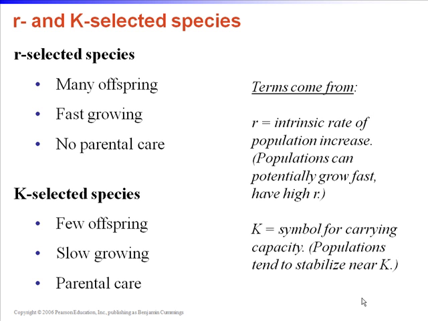These are r-selected species, so they can exploit opportunities quickly, but they have very high losses amongst the offspring. Now capital K, or K-selected species, have fewer offspring, are slow-growing, and require a lot of parental care, so a lot of input of energy into raising, teaching, and caring for the offspring. Hence a higher survival rate of the offspring.